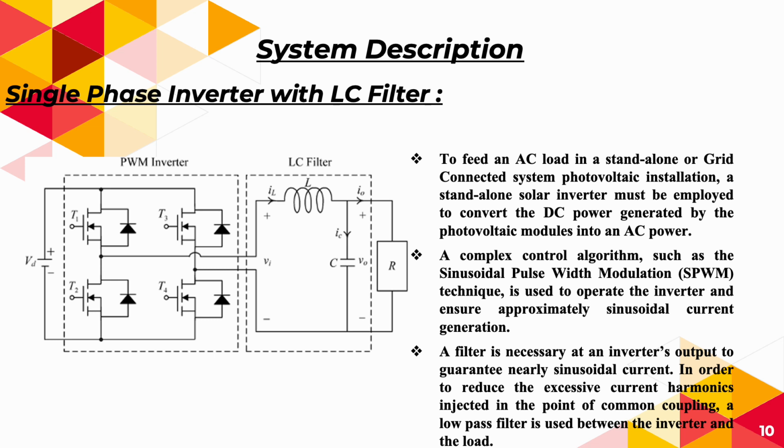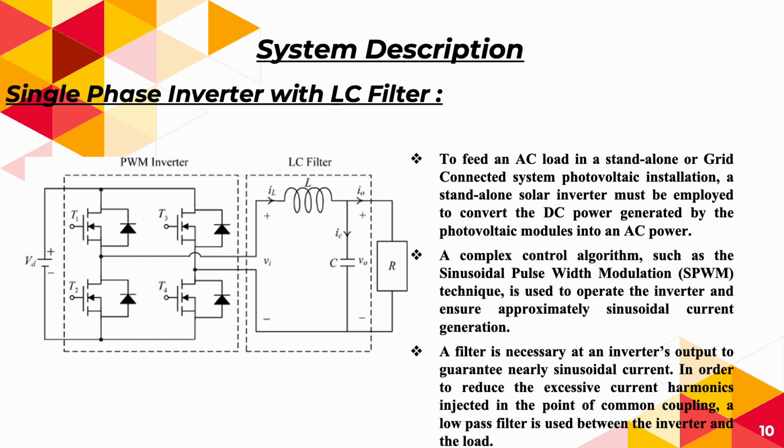The next block is the single phase inverter. As we know, for the load or to connect with the grid, we need to convert the DC to AC power, and for that a single phase inverter is used.